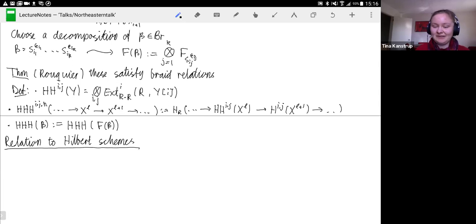So let me state probably one of the founding conjectures, at least to me, about the relation between Hilbert schemes and triply graded homology. So this is Gorsky, Negut, and Rasmussen.